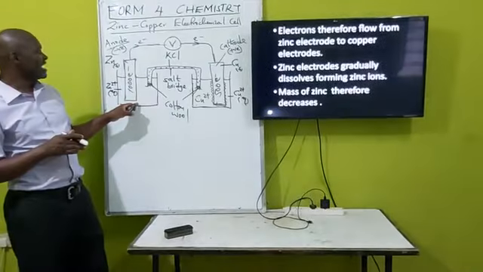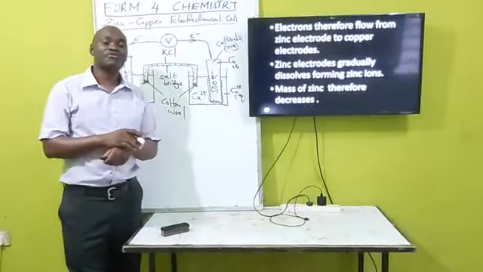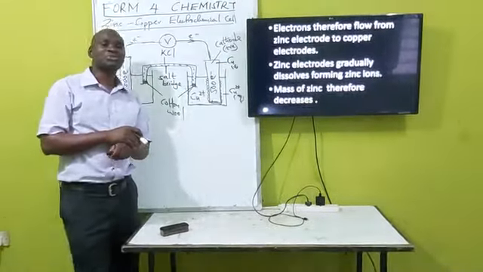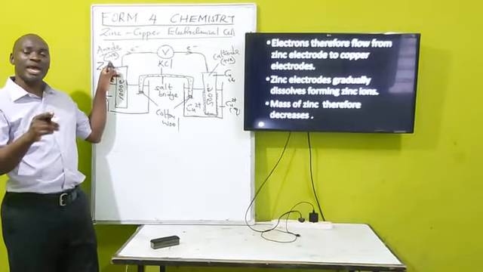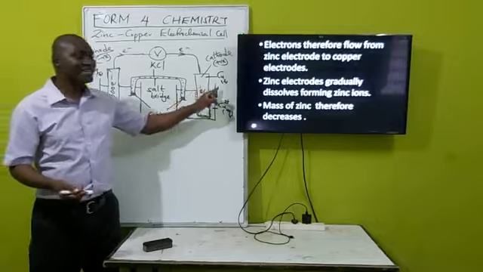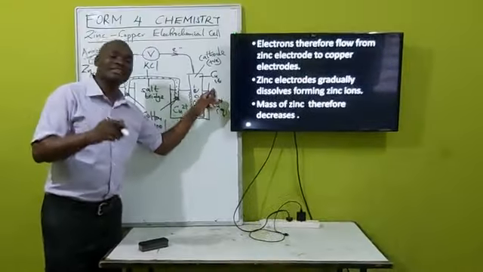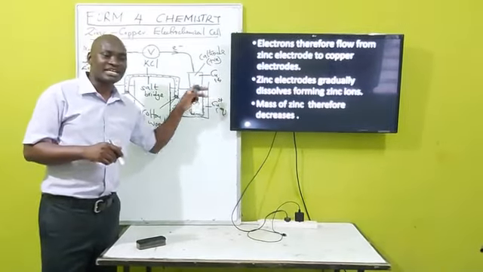Oxidation occurs at the anode, reduction occurs at the cathode. So from today onwards, you should define an anode as the electrode where oxidation takes place, and the cathode as the electrode where reduction takes place, gain of electrons.